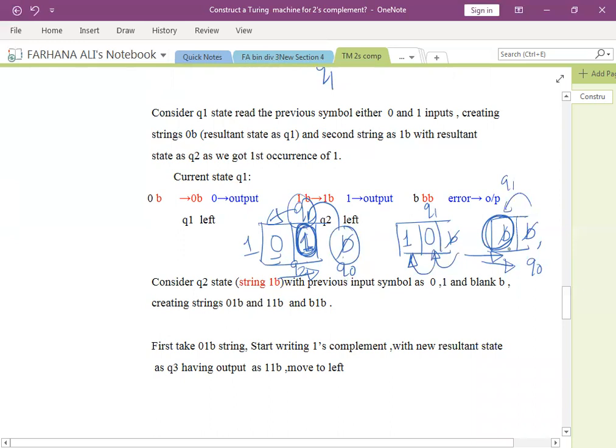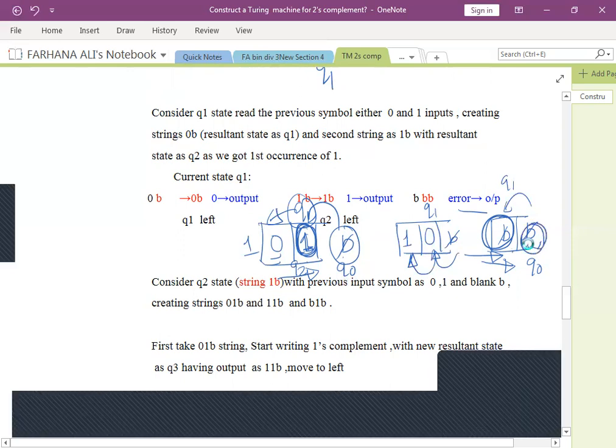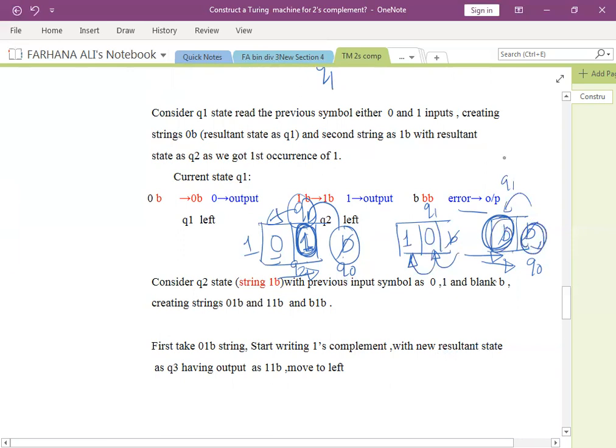For example, there was a 1 that by mistake was converted into blank. That case we can report as an error. So with Q1, if the previous symbol before blank was blank, that means this is an error, and we have to report that case.